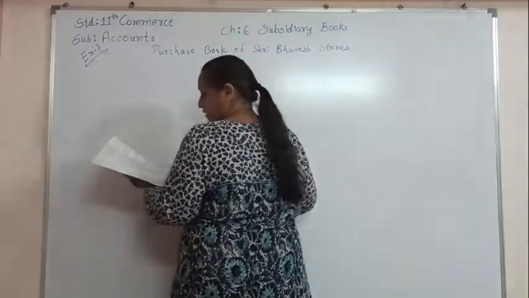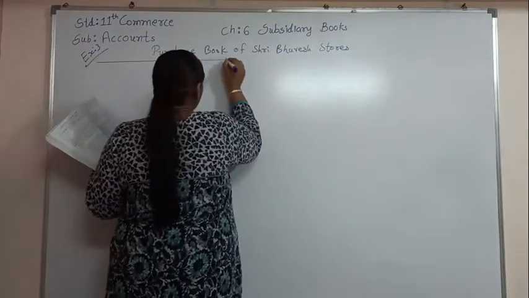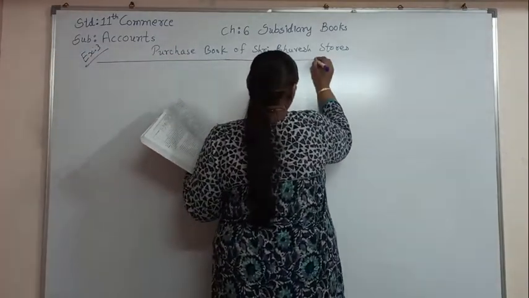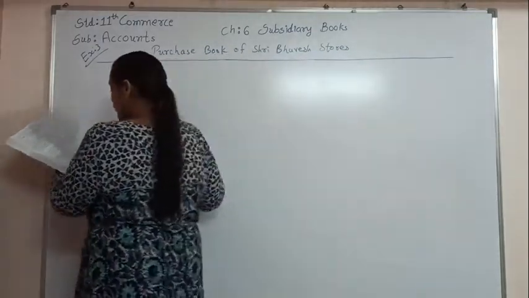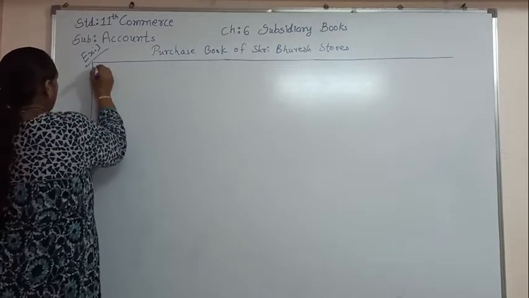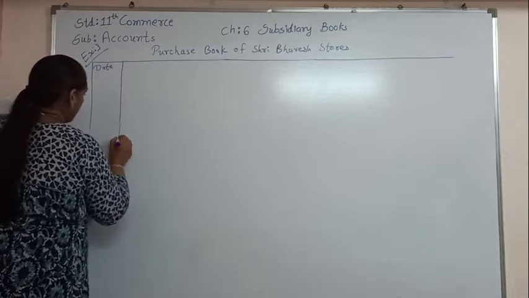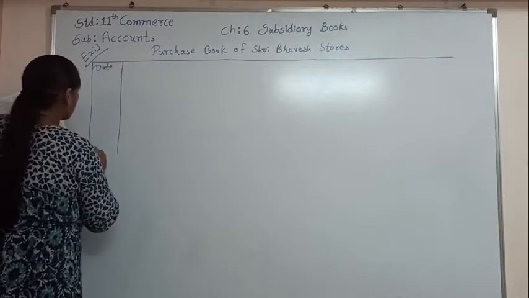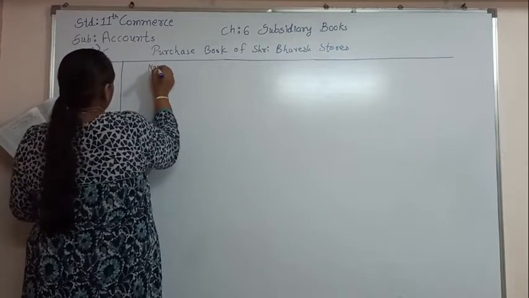So here we are going to prepare the purchase book according to different types of goods as well as expense. So the very first thing that we are going to write will be date. So this is the column for the date. Then we will write name of supplier.